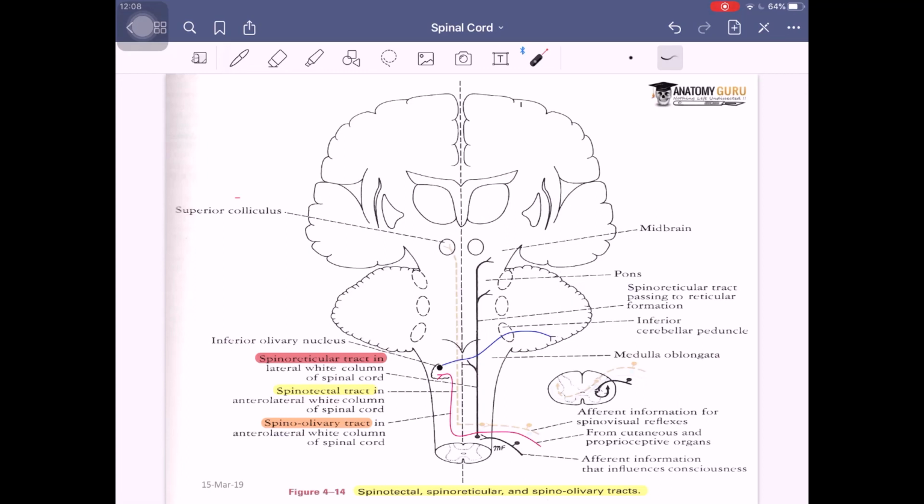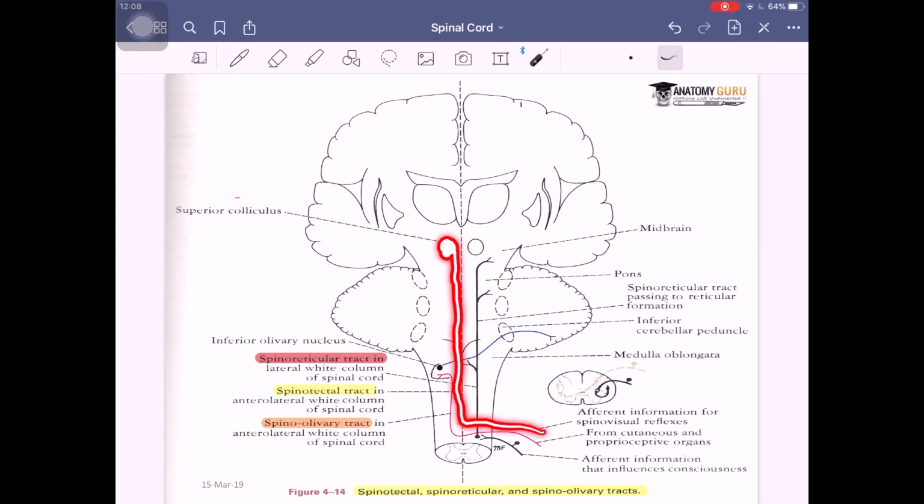So yeah, next if you look at the spinotectal, this spinotectal is the brown color. Yeah, so it is again information for the spinovisual reflexes. The spinovisual reflex, what we see even in the Horner syndrome. So that information is carried, the pathway is crossing already, and now the pathway is going. Now you see this will go all the way till your midbrain. This is your medulla oblongata, pons, and midbrain.